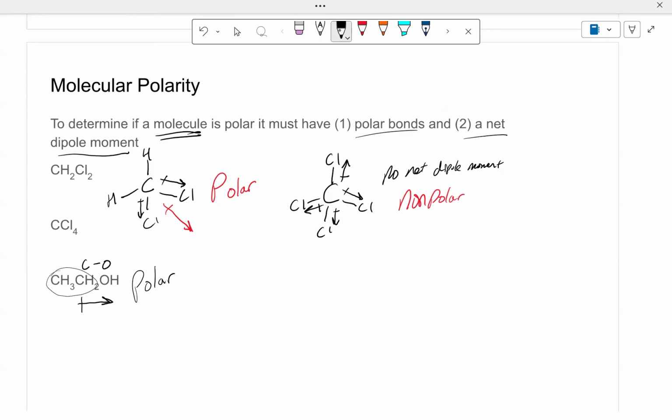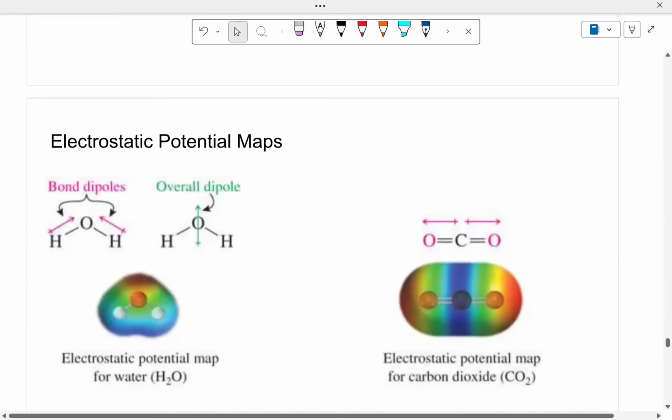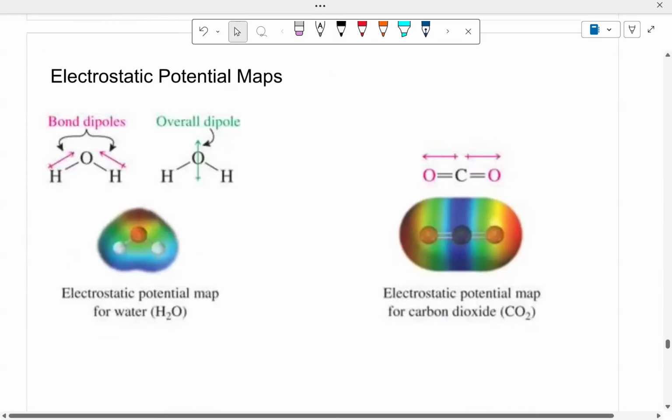Now, another way that we can visualize this, and this is more of a nice picture way, something that a computer will help calculate for us, is we use something called an electrostatic potential map. That's just a fancy word for using colors to tell you where the polarity is if there's a net dipole moment.